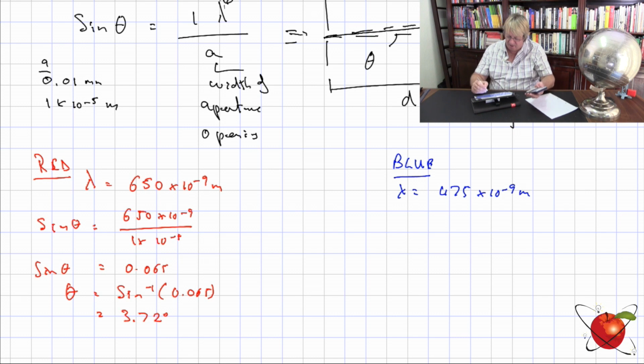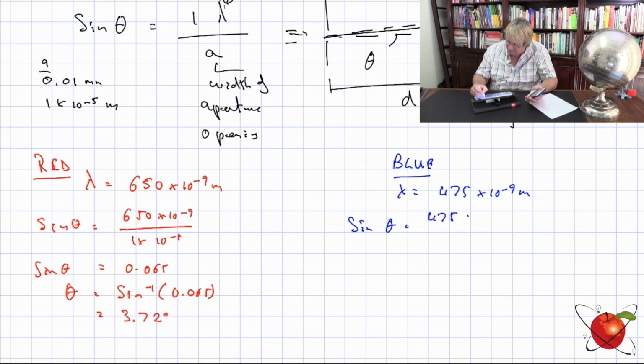Let's go to blue. Let's put it in here. Sine theta is equal to wavelength 475 times 10 to the -9 divided by 1 times 10 to the -5. And without going through the whole thing, let's see what happens.